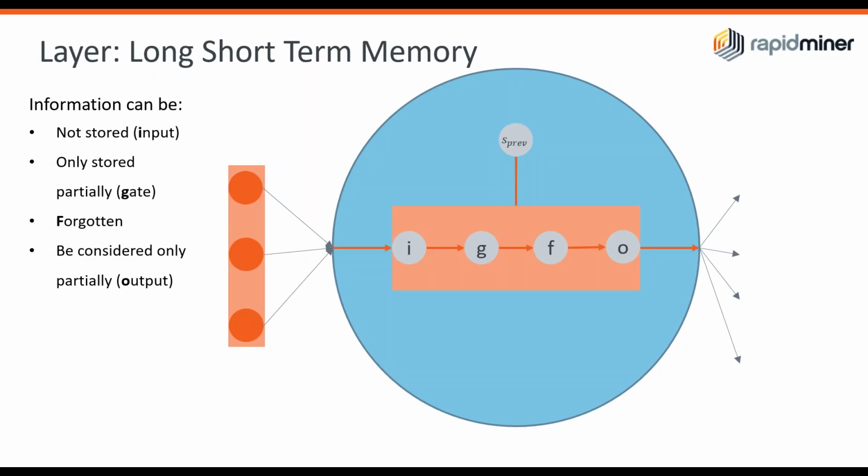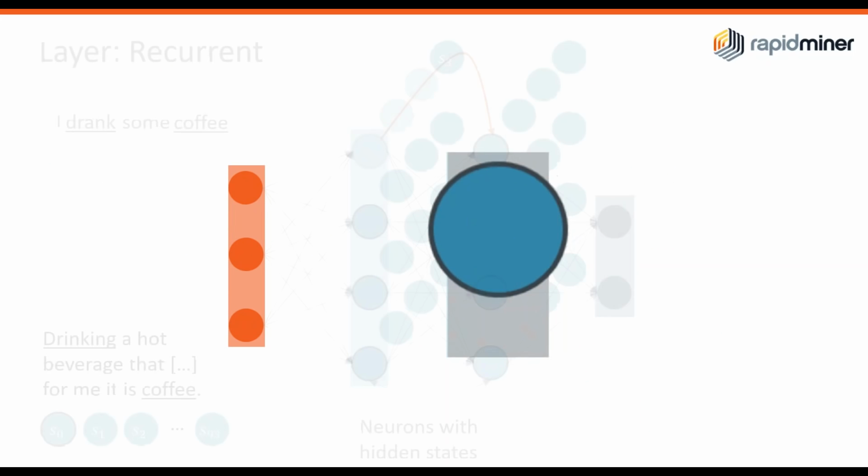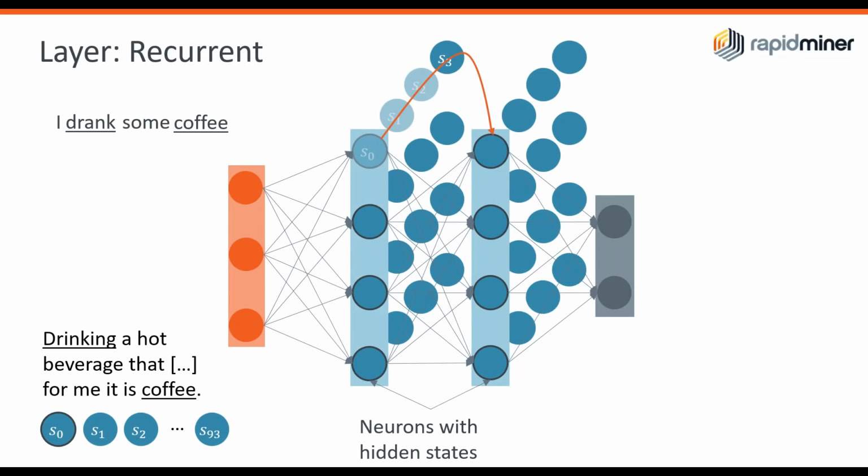So you can imagine that if I'm at this long text with drinking at the beginning, the network will see that the next word has no relation to what I'm looking at when I'm looking back at what I've just heard. So if you go back a moment, we had drinking a hot beverage, that.